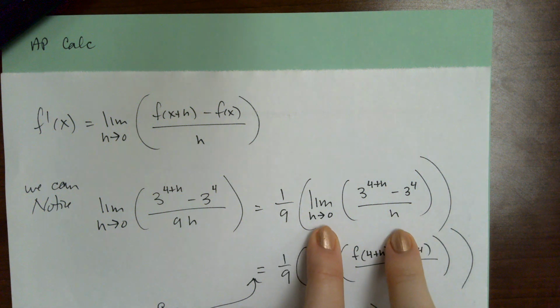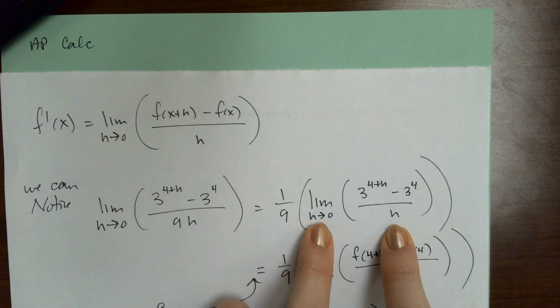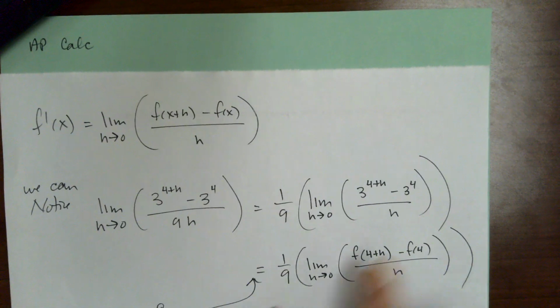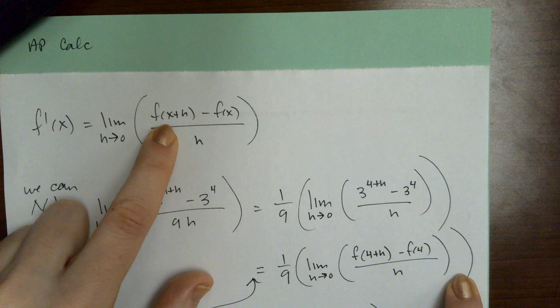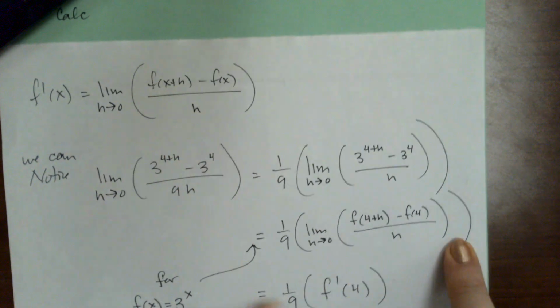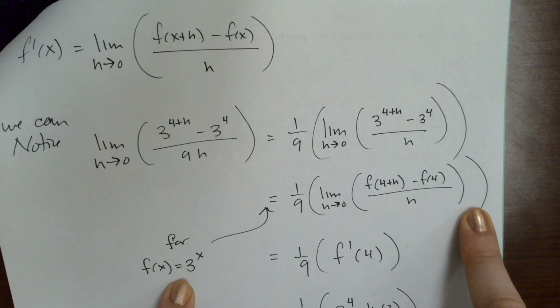The kids would look at this and say, since h is approaching 0, I've got h in the bottom, so it looks like some version of this formula, where 4 goes in for the x, if f of x is 3 to the x.